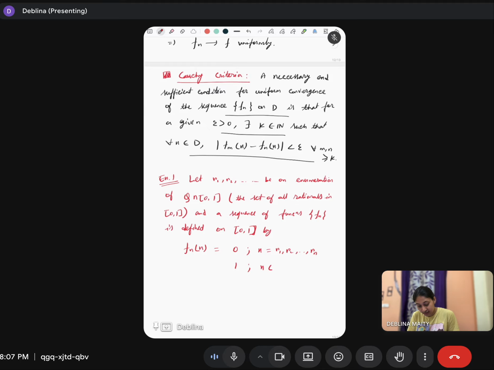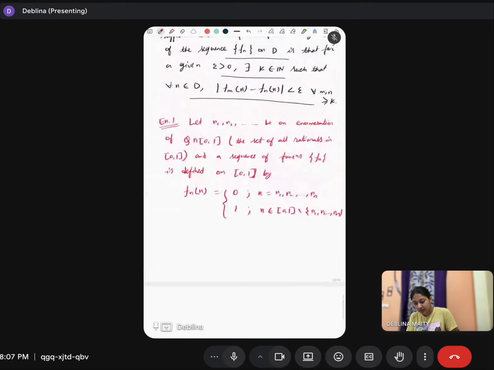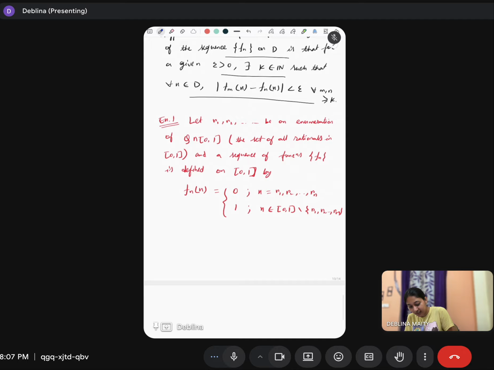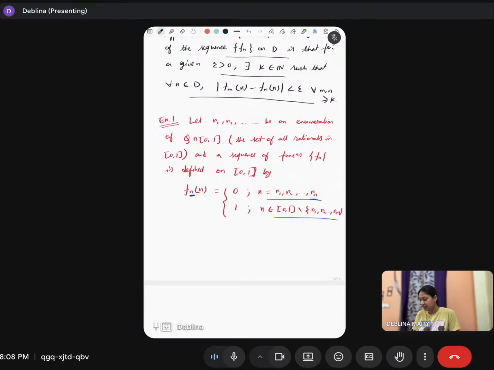This means 1 when x belongs to [0, 1] minus {R1, R2, ..., Rn}, right? So for finite n, up to n it is 0 at these discrete points, and otherwise it is 1, right? So it is 1 on the whole [0, 1] except for these points. At these points these are zeros, right? Clear? This is our sequence of functions.